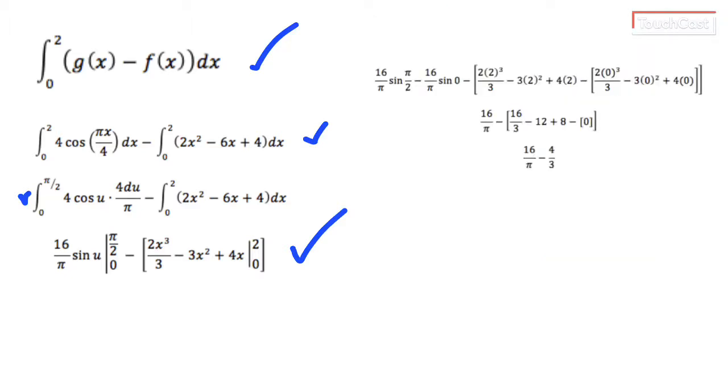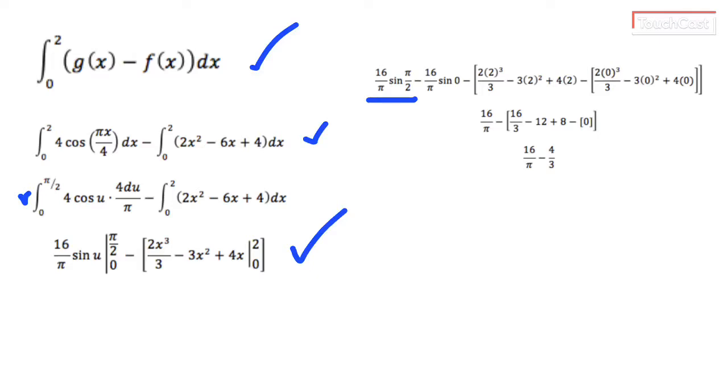All right, so my work over here just shows that I'm going to evaluate both those antiderivatives, the one from 0 to pi over 2 and the other from 0 to 2. So this is just replacing u with pi over 2. Sine of pi over 2 is 1.